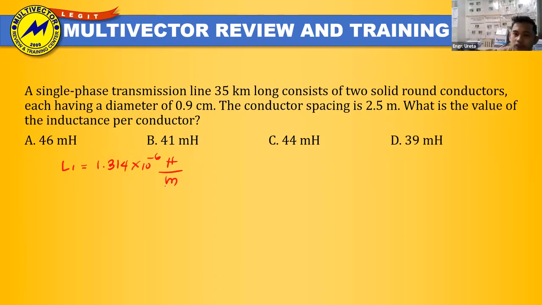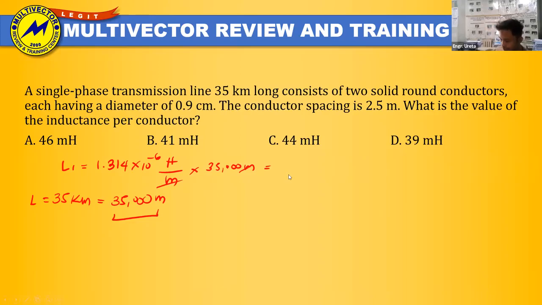So, para makuha niya yung inductance per conductor, given 35 kilometer, i-multiply nyo lang yung length. Yung length natin, which is 35 kilometers, is just equals to 35,000 meters. Therefore, the total inductance is, multiply nyo lang sa total length, 35,000 meter. May cancel yung meter, ang matitirang unit is a unit of inductance in Henry.